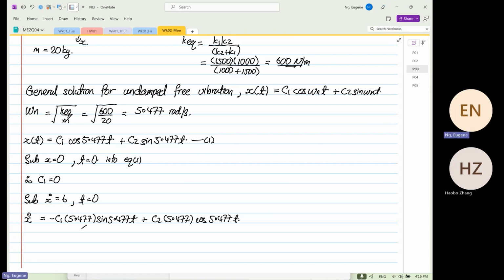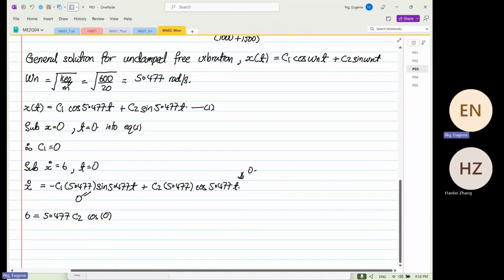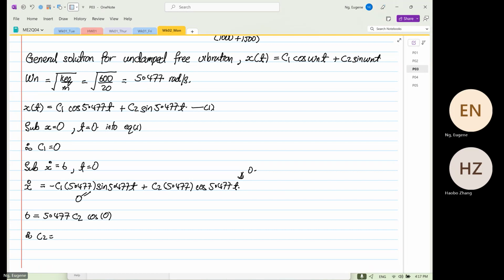We know C1 is equal to 0, so the first term is equal to 0. So 6 is equal to 5.477 C2 times cos of 0. Why cos of 0? Because time is equal to 0. Therefore, C2 is equal to 6 divided by 5.477, which is 1.095.